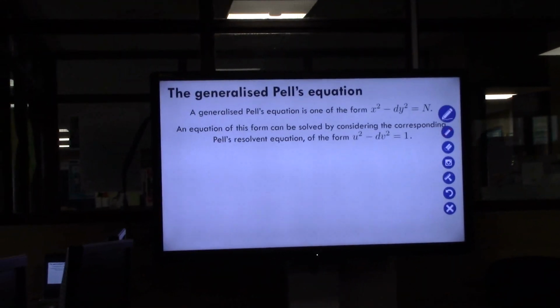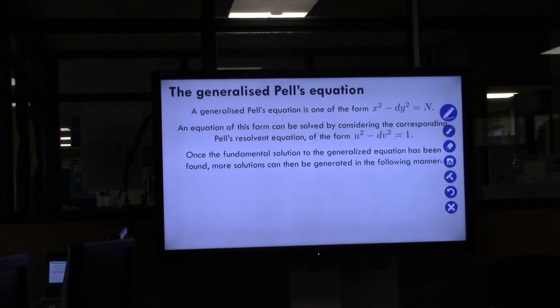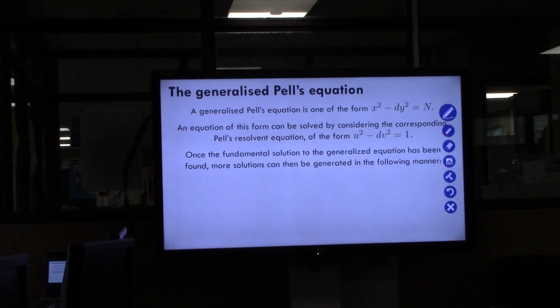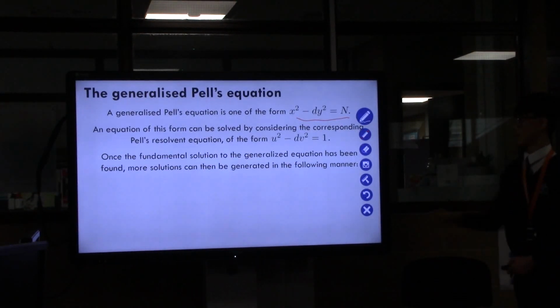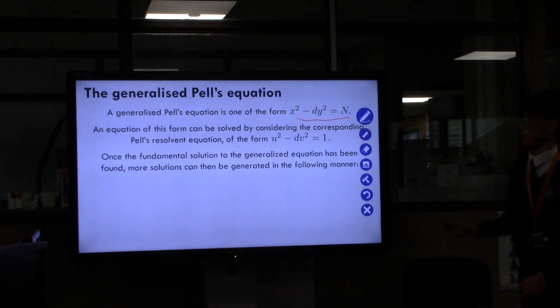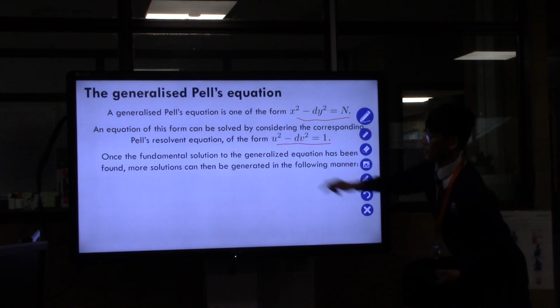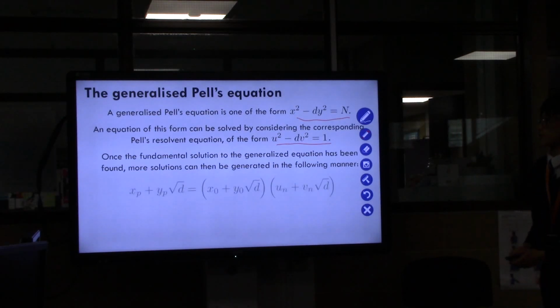Once we have fundamental solutions to that, all we have to do is find one fundamental solution to the Pell's equation, and we can use all of the solutions to the Pell's resolvent equation to form more solutions.